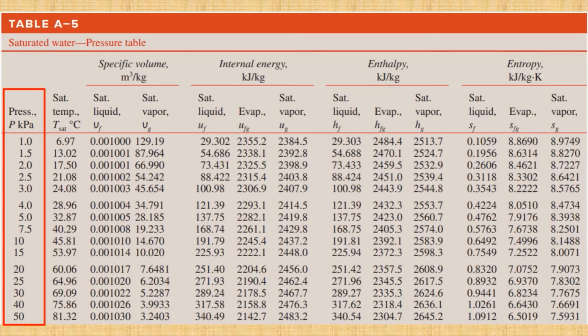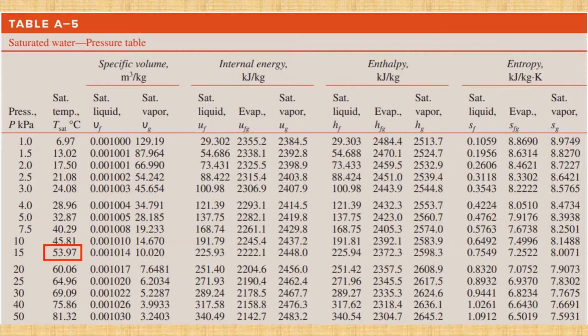Saturation temperature for each pressure is listed in the second column and corresponds to the pressure in the same row. For example, a pressure of 15 kilopascals has a saturation temperature of 53.97 degrees Celsius.